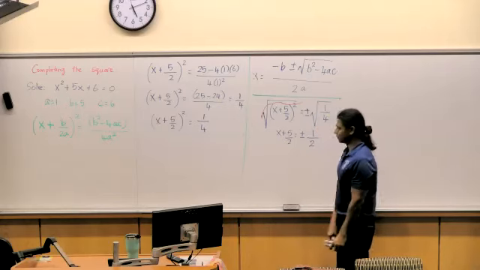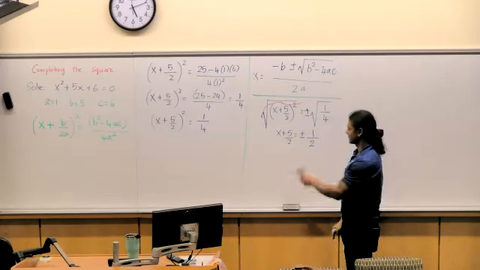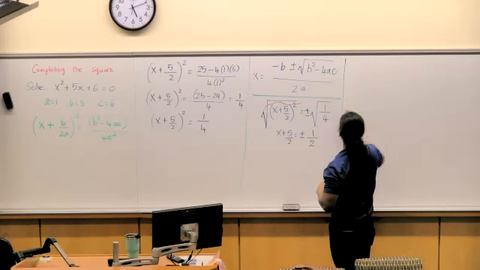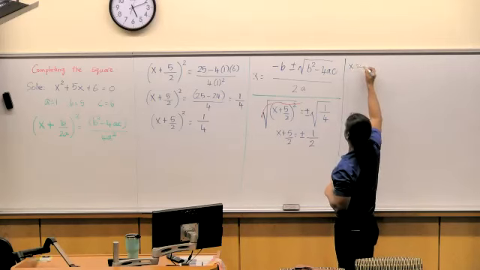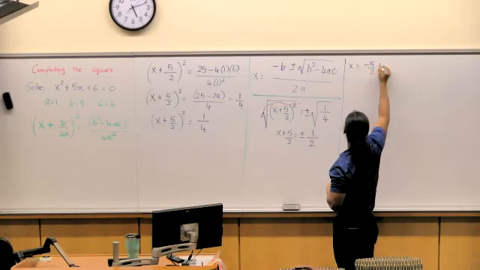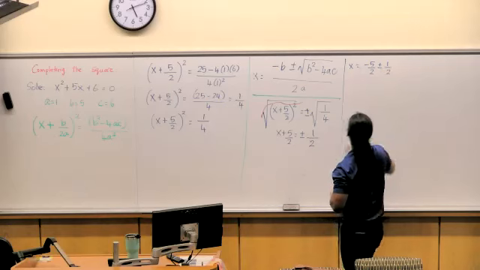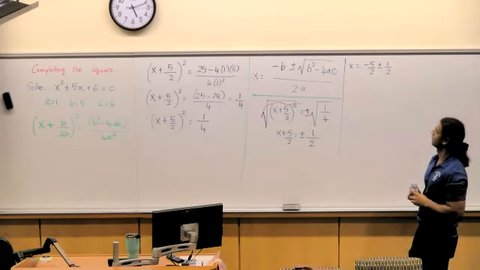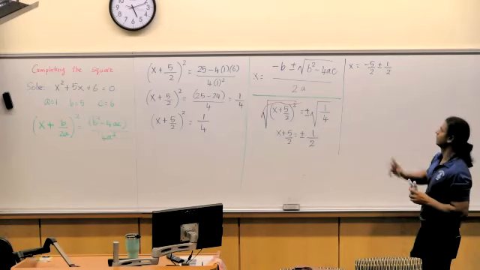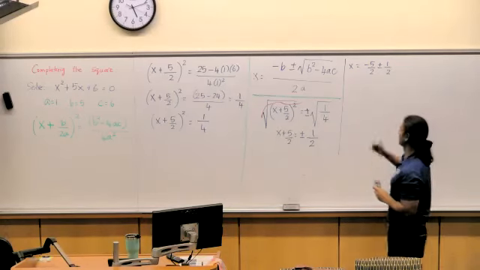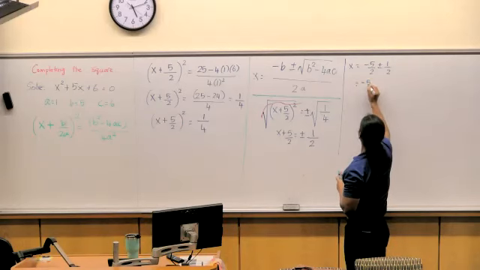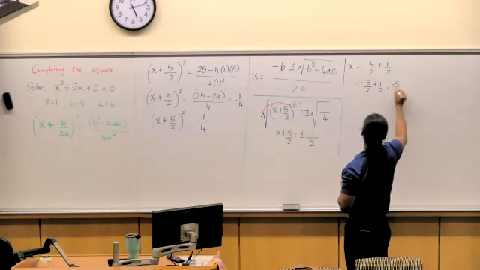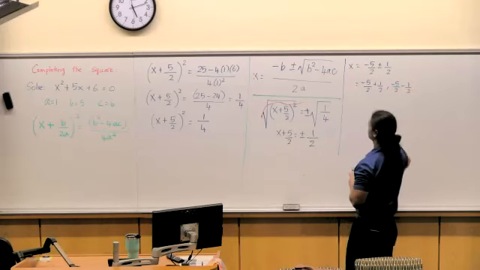How do we solve for x? Subtract 5 over 2. We have two solutions, minus 5 over 2 plus 1 over 2, and minus 5 over 2 minus 1 over 2.